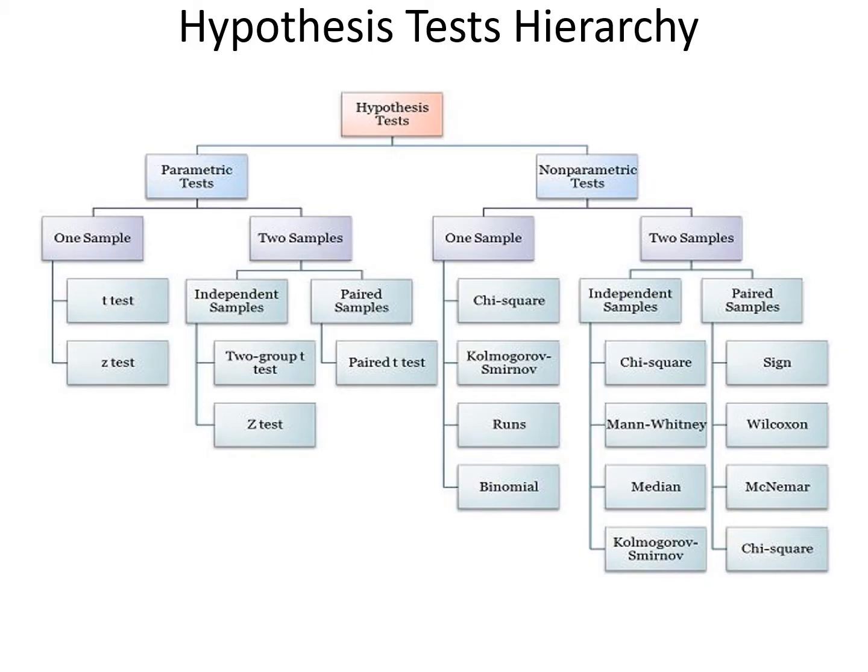For independent samples, you can make use of chi-square, Mann-Whitney, the median test, or the Kolmogorov-Smirnov test. For paired samples, they can be tested using the sign test, Wilcoxon test, McNemar, and chi-square.